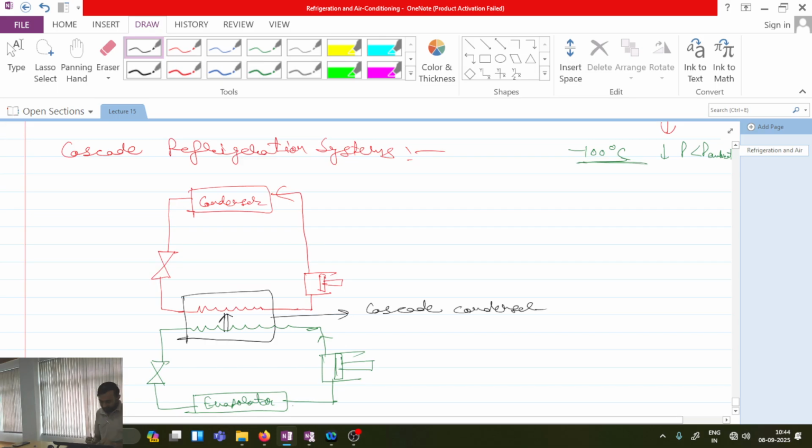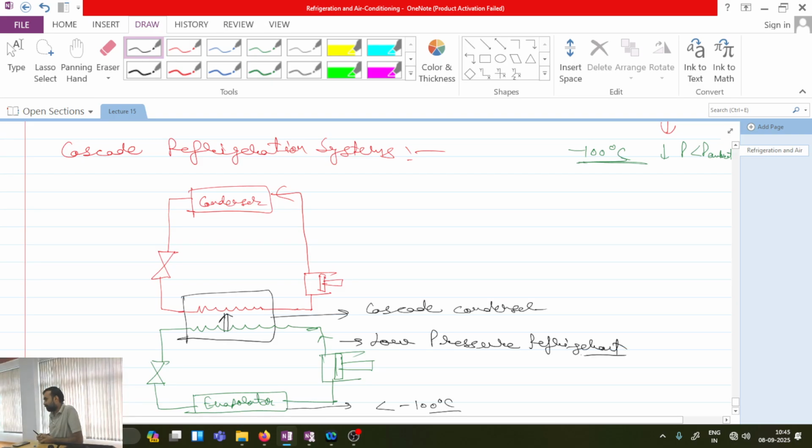Okay, and the evaporator generally operates at extremely low temperature, even lower than minus 100 degrees Celsius, because up to minus 100 degrees Celsius we can simply go with the 3-stage system. So less than minus 100 degrees Celsius will be my evaporator. Then in this I will be using a low pressure refrigerant, so that the pressure within the entire circuit is always greater than the ambient pressure.